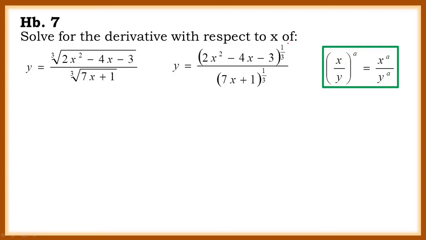Makikita natin na both numerator and denominator, they have the same exponent. Kaya mangyayari, we can isolate yung numerator and denominator and then etong buong to will be raised to our exponent, in this case, 1 over 3. If we do that, it will look like this. Tung buong to, numerator and denominator both will be raised to 1 over 3.